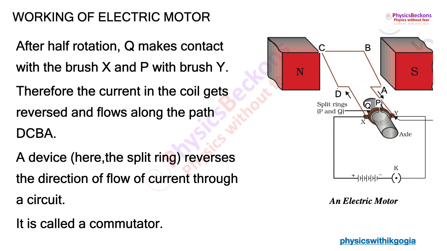Earlier P was in contact with X, Q was in contact with Y. After half rotation, Q comes in contact with X and P comes in contact with Y, resulting in reversal of direction of current from ABCD to DCBA as shown.